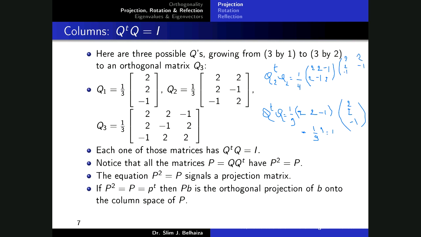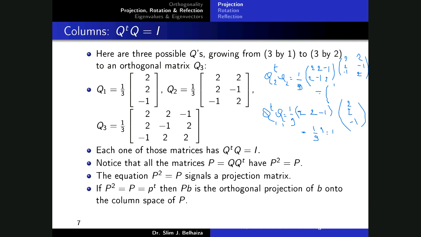Let's check the first element. This one should have been 1/9, sorry about that, guys. I'm going to have the same item I had when I multiplied Q1 by Q1: 4 plus 4 plus 1, which is 9 divided by 9, which is 1. Then I'm going to have 2 times 2, which is 4, minus 2, minus 2, which is 0.